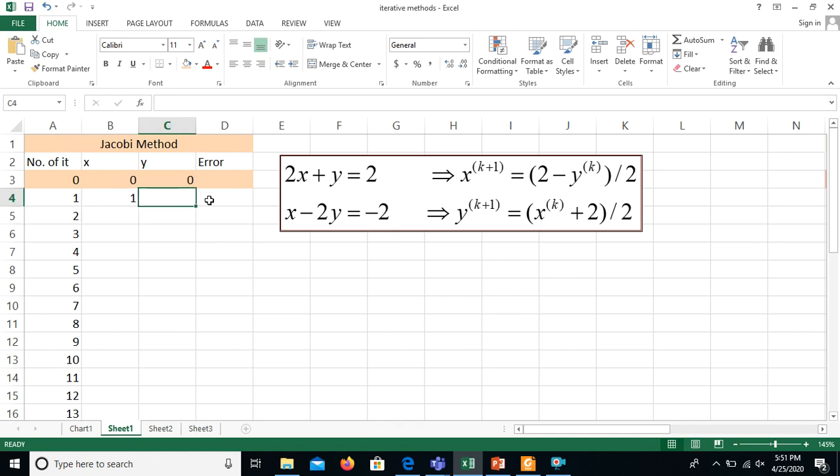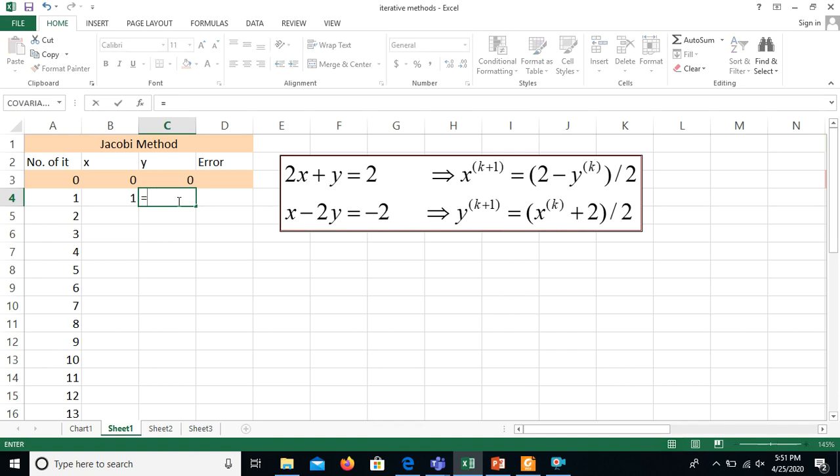Now for the y value, I will use the second equation, which simplifies y in terms of x. So an old value of x can be used to calculate a new value of y.